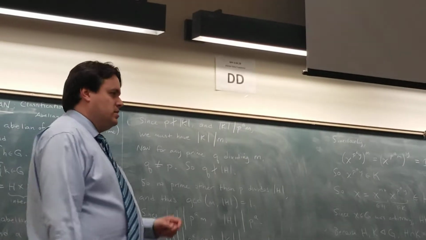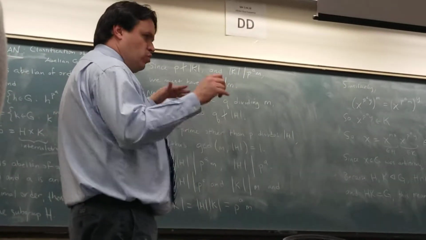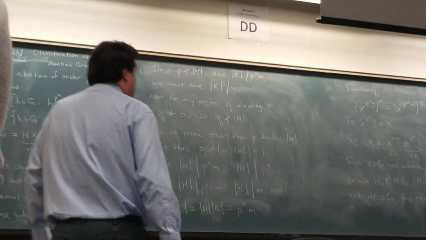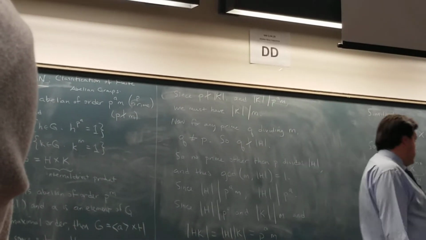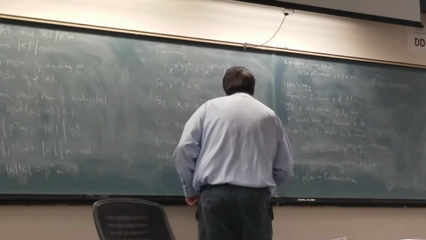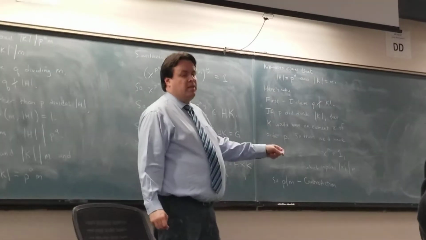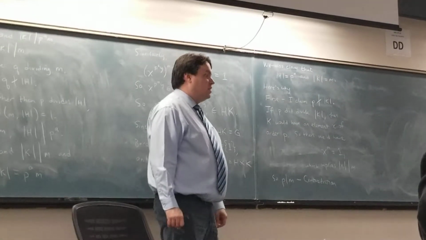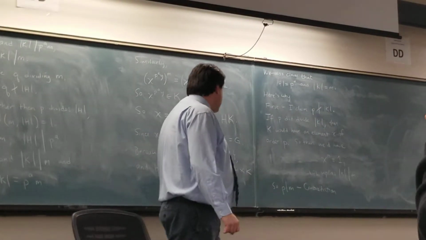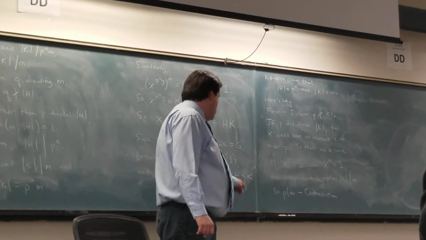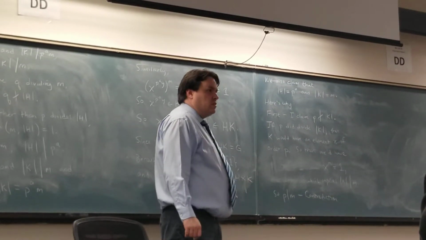Let me try and get this out a little bit more clearly. We know that G is the direct product of H and K. So whatever the order of G is, which we know is p to the a times M, has to be the product of these two orders. So the product of the order of H and the order of K has to be p to the a times M. Meanwhile, the order of H has to divide this piece here, and the order of K has to divide this piece here.